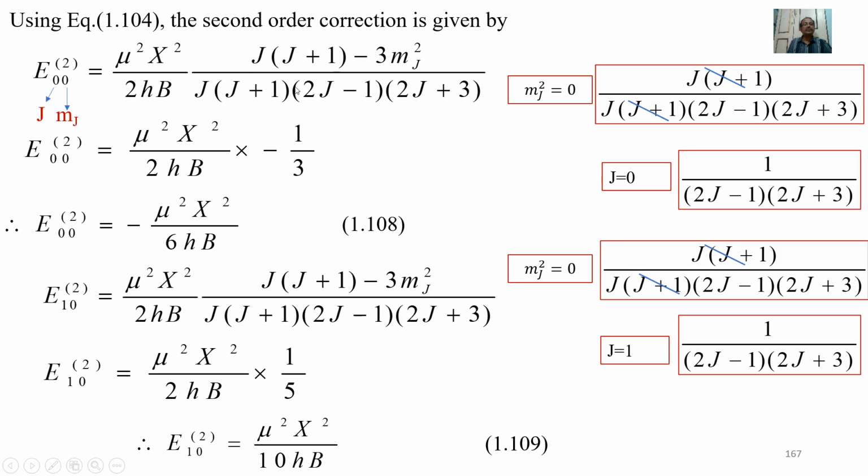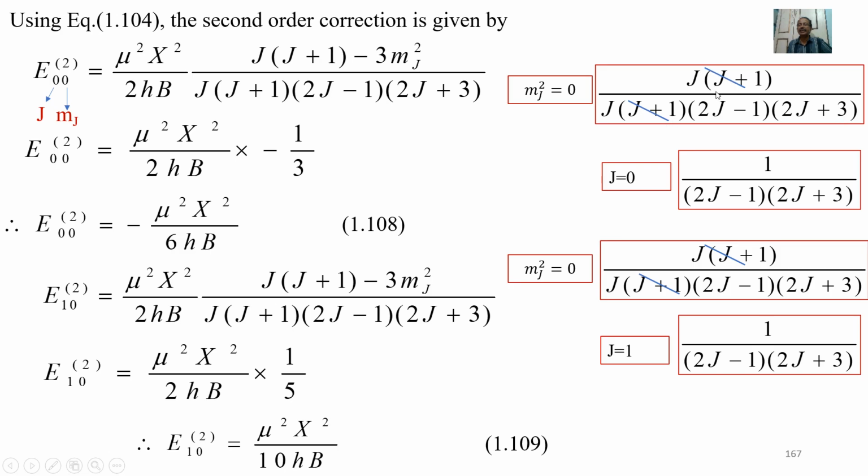So the first point is mj equals 0. You substitute mj equal to 0 here. So when mj equals 0, this term will become 0. When this term becomes 0, the term will be j into j plus 1 divided by j into j plus 1, 2j minus 1, 2j plus 3, and this term will get cancelled.